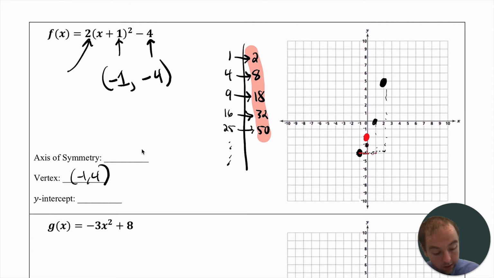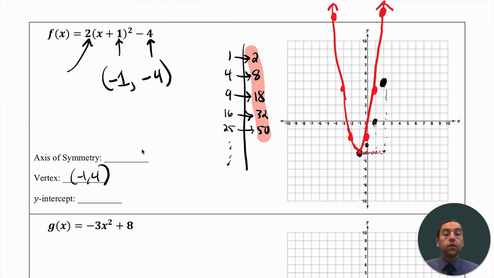And then rather than go up 4, I'm going to double that and go up 8 units instead. And then rather than go up 9, I'm going to go up 18 units, which would be somewhere up there. That right there is that half of the graph. And then, of course, you can just copy or mirror that over on the other side, sort of like this. And that right there stretches this parabola by a factor of 2.